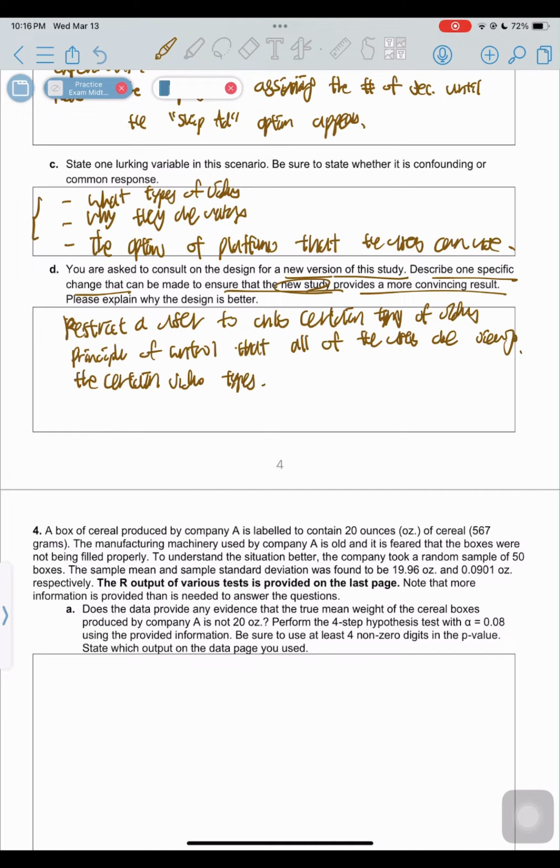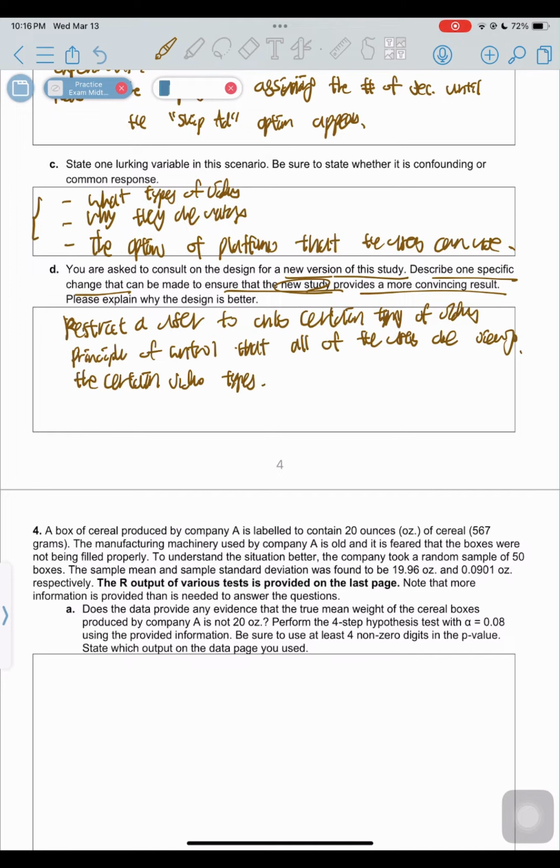The true mean weight of the cereal boxes. Okay, and then you have to state your hypothesis. Since we're curious whether mu is not equal to 20, our alternative would be mu is not equal to 20. So mu naught would be mu is equal to 20.